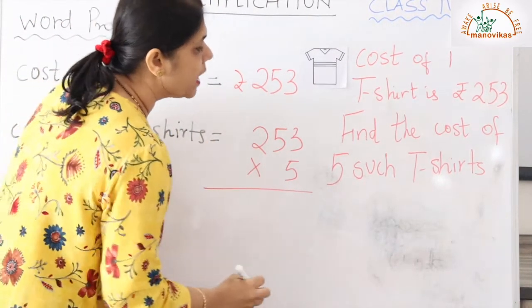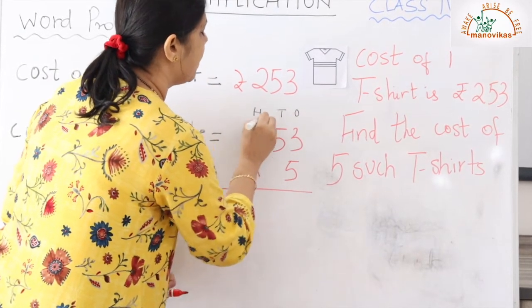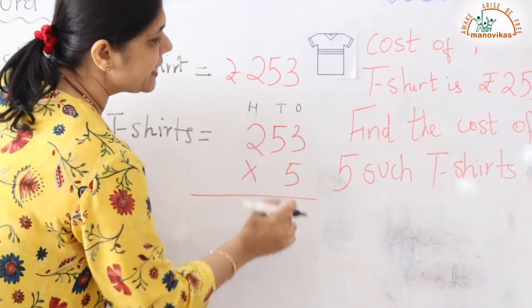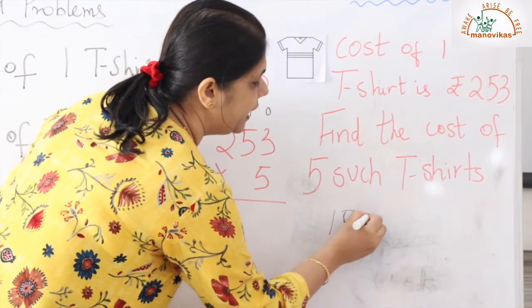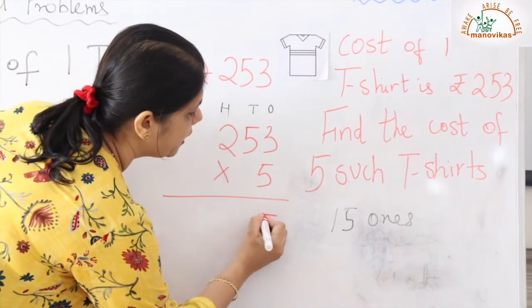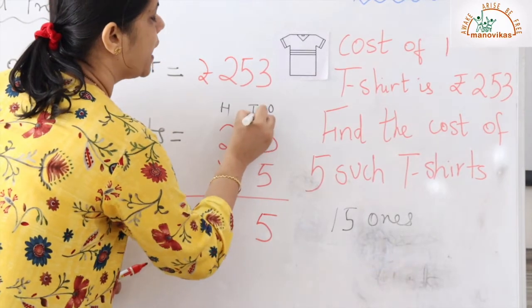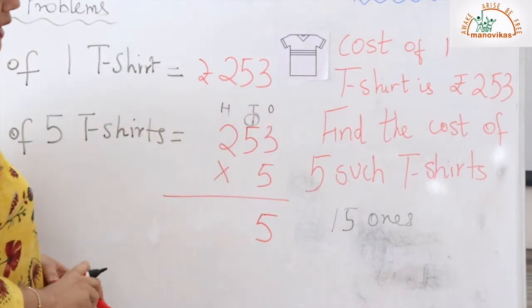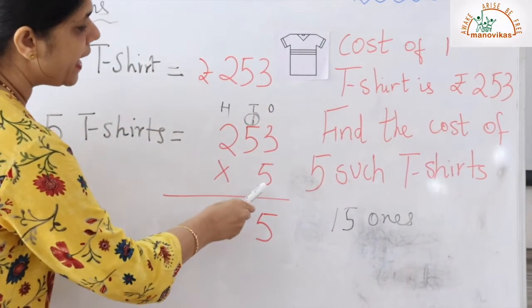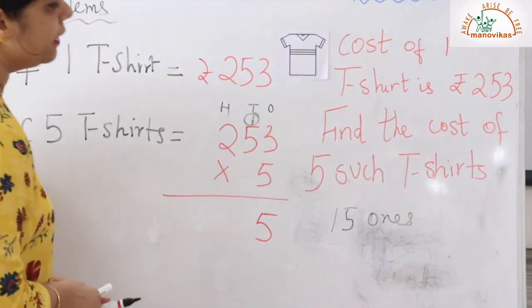5 threes is how much? 15. This is the ones place, tens place, hundreds place. So 15 ones. So you know how to write it now. 5 here and what will you carry over? You will carry over 1 in the tens place. Now multiply 5 with 5. 5 fives is how much? 25.